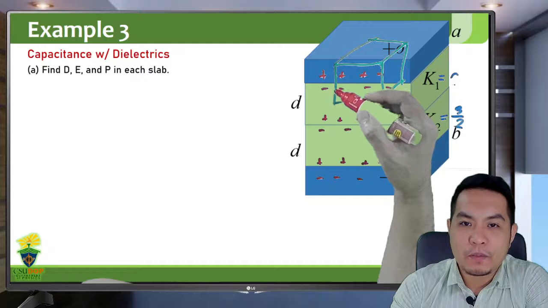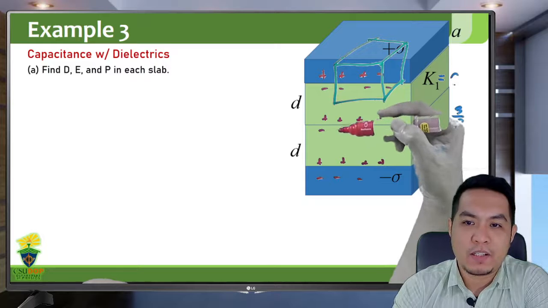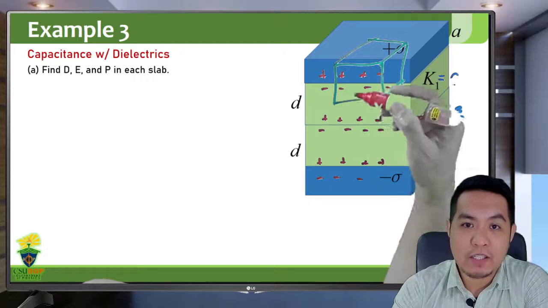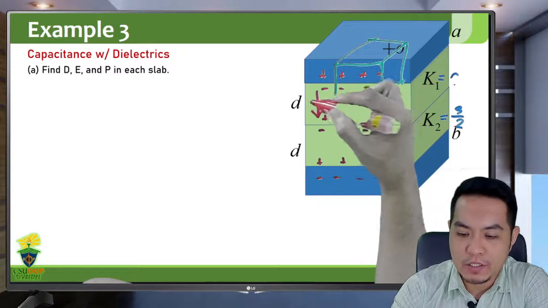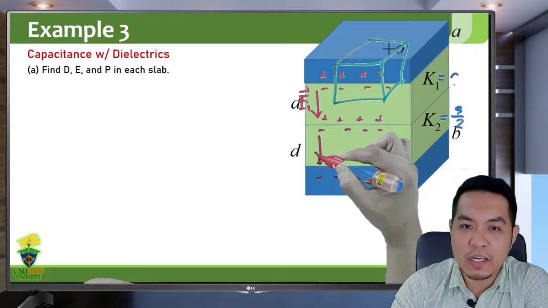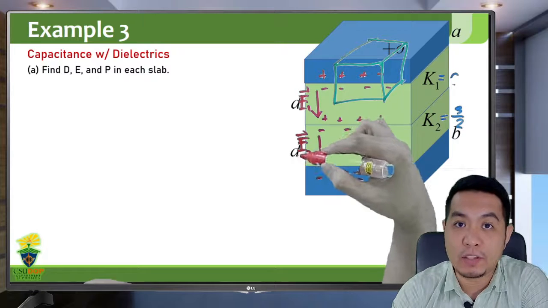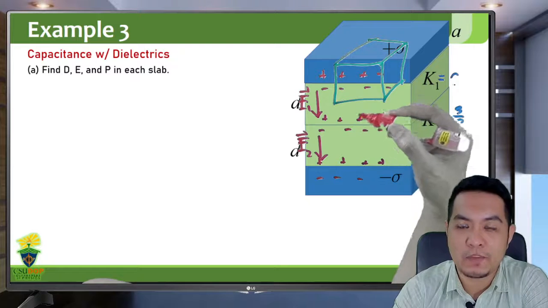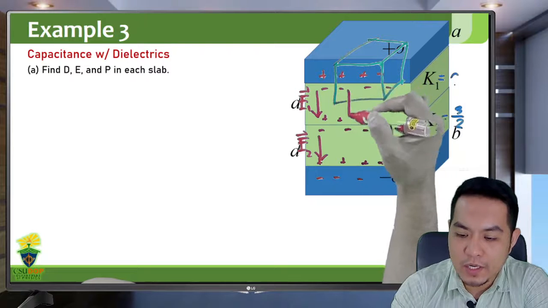So, take note that without the dielectric, the direction of the electric field is downwards. So, meaning the net electric field in each of the slabs will still be downwards. So, the direction, for instance, of E1 in this case, is still downwards. And the electric field in slab number 2 is also still downwards. That's the total electric field, the original minus the electric field of the bound charges. So this means that if the total electric field is downward, then the total displacement is also downward.